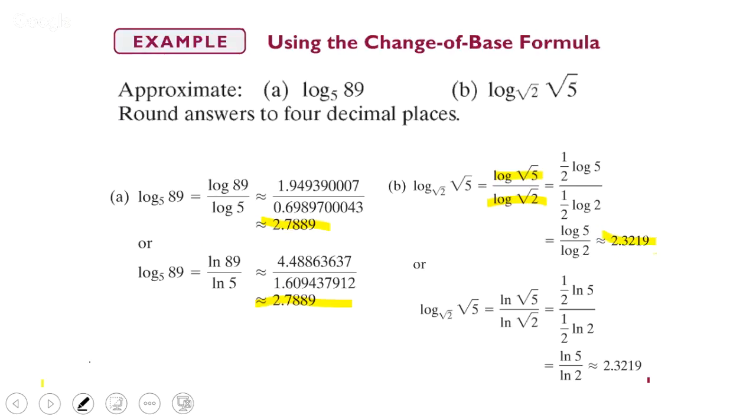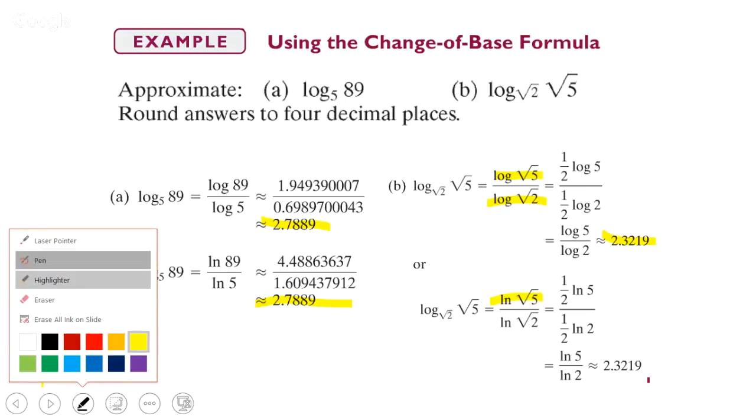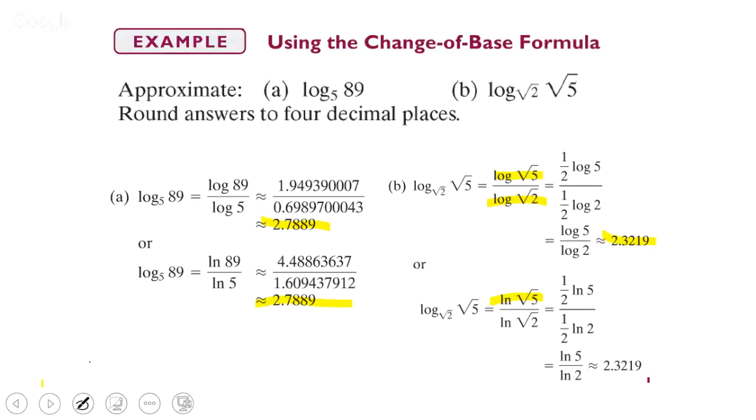Now, something I do want to warn when you're putting these in your calculator, usually the top number will have an open parentheses. When you put this in the calculator, you'll type in ln, and then you'll see a parentheses. Then when you put square root of 5, you've got to close the parentheses. So make sure you close that parentheses.